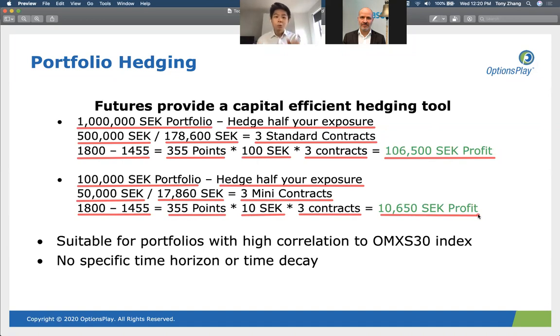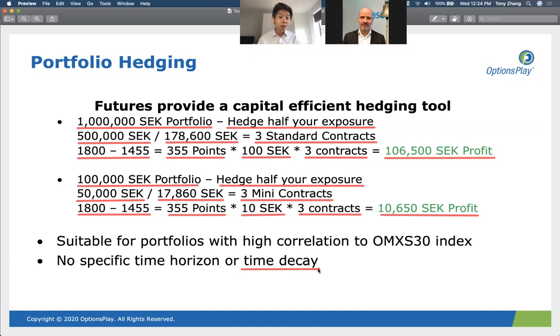Now, the reason that I say that the futures contract is a very capital efficient way to hedge your portfolio is because when you're trading futures, there's no time decay. When you buy a put option, you have to account for time decay in how long it takes for the market to decline. Granted, market declines typically happen relatively fast, so you're usually not holding on to a put option for months at a time and paying that time decay.